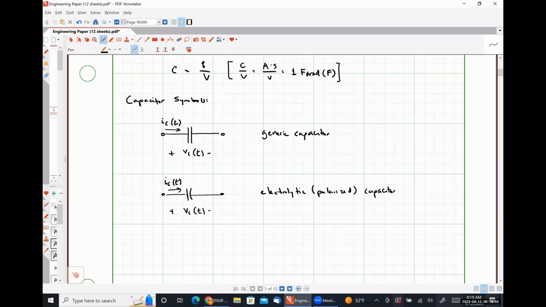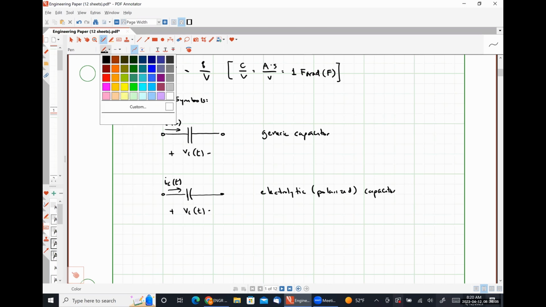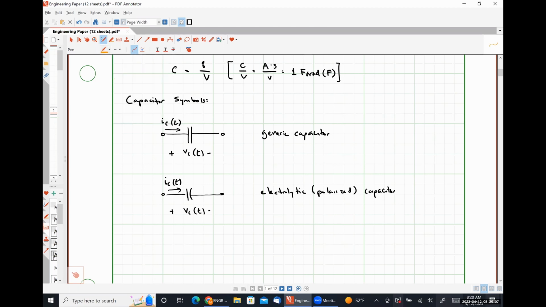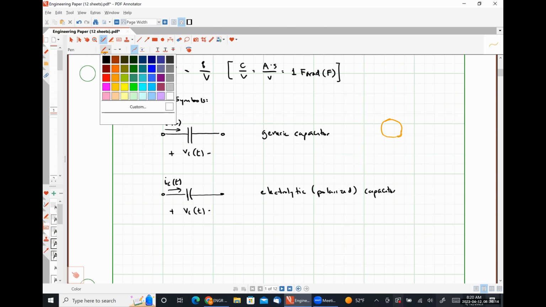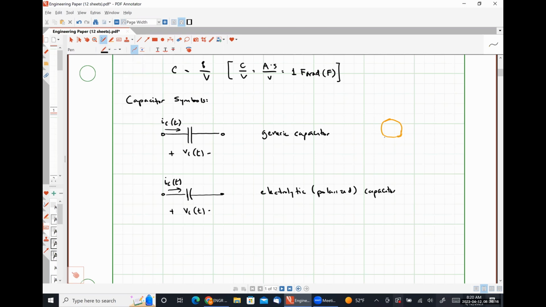Okay. For our generic capacitors, the legs are usually the same length, and it looks like, let me draw one. So it's usually a colored disc, something like this, with two legs sticking out of it, right?